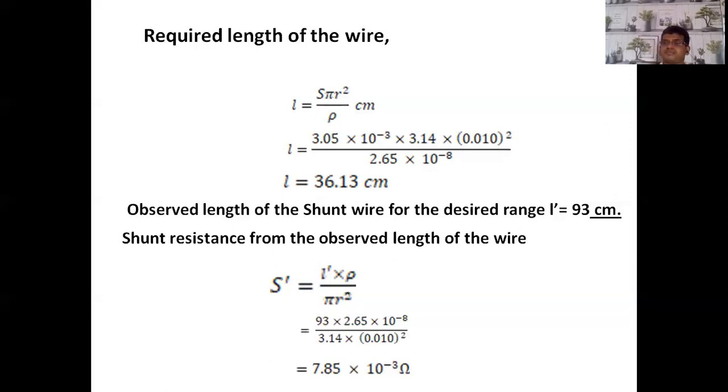So friends, next time, in the next video, I am coming with practical number 7 again, because this practical has two parts, 7a and 7b. The aim of that practical is converting a galvanometer into a voltmeter range. And friends, I will come with the live demo of the 7b practical.